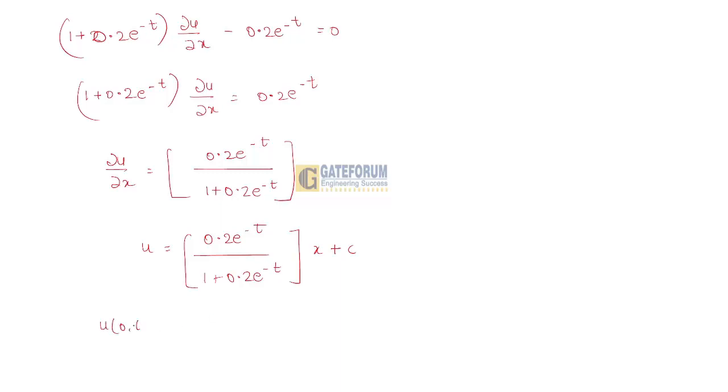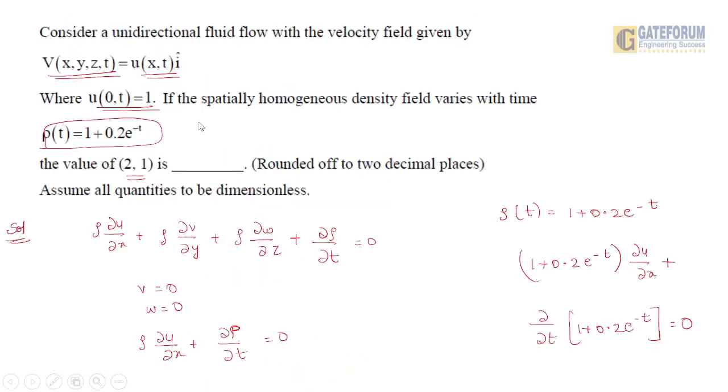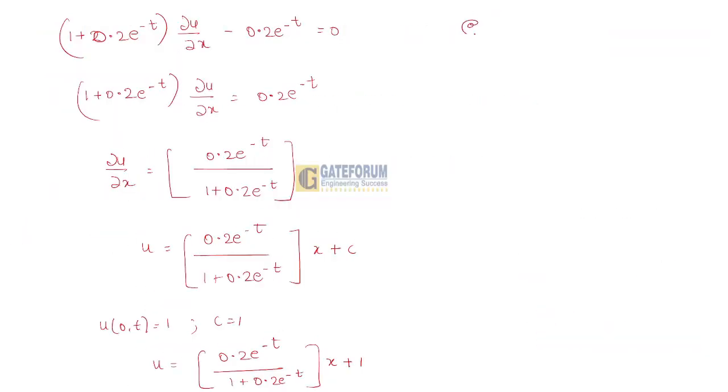U of 0 comma t, if you take, it's 1 when c equal to 1. So u is equal to 0.2 e power minus t by 1 plus 0.2 e power minus t into x plus 1, substituting back. He needed u at 2 comma 1, right? So at u of 2 comma 1, what you are going to get? 0.2 e power minus 1 by 1 plus 0.2 e power minus 1 into 2 plus 1.